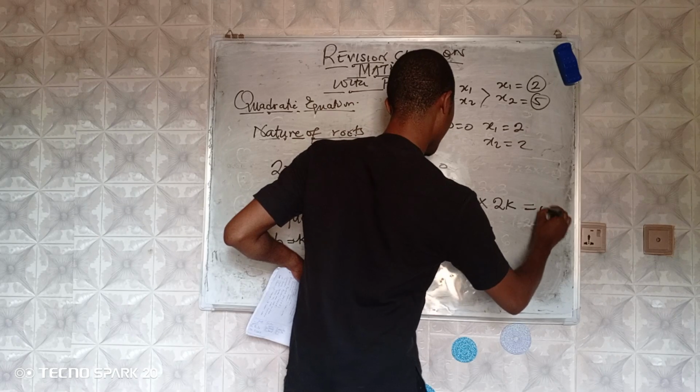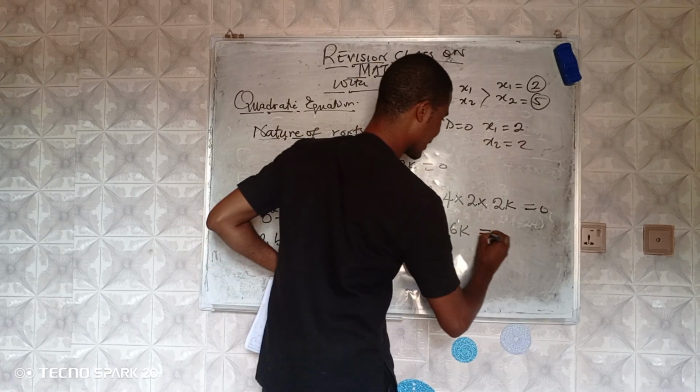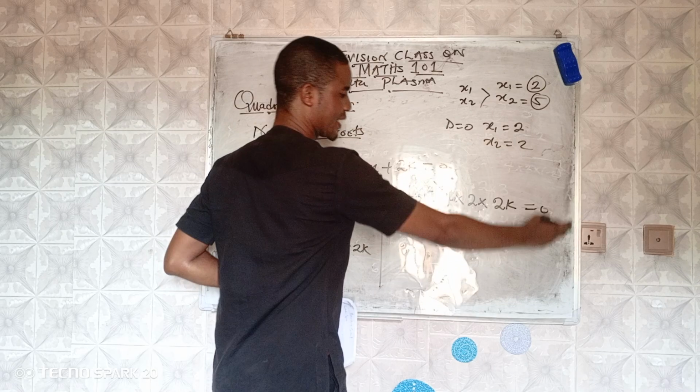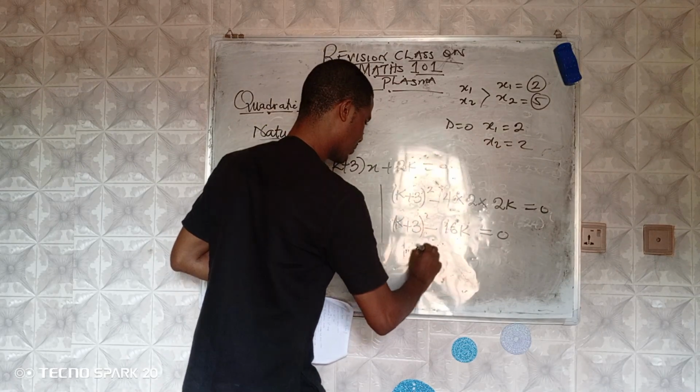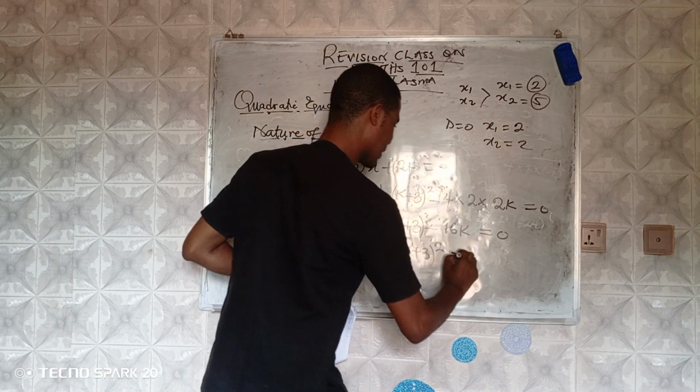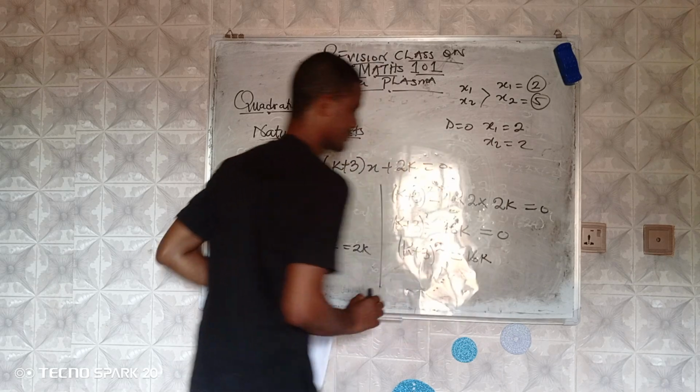This is equal to 0, so I can move the 16k over and have (k plus 3) all squared equals 16k.